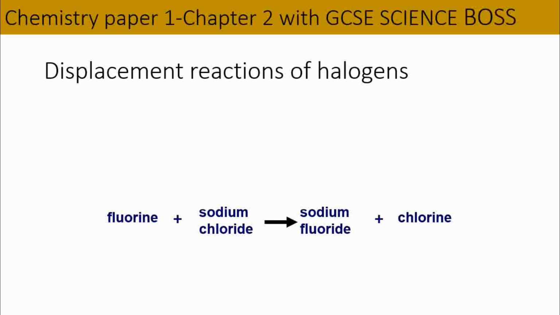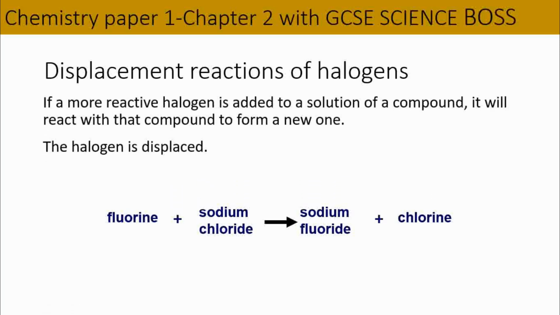Okay, so that's just a general example. But let's look at an actual example of a displacement reaction. Now, in a displacement reaction as it relates to the halogens, the more reactive halogen can take the place of the less reactive halogen from its salt. So for example, fluorine, which is found at the top of group 7, is the most reactive. So you have fluorine, chlorine, bromine, iodine.